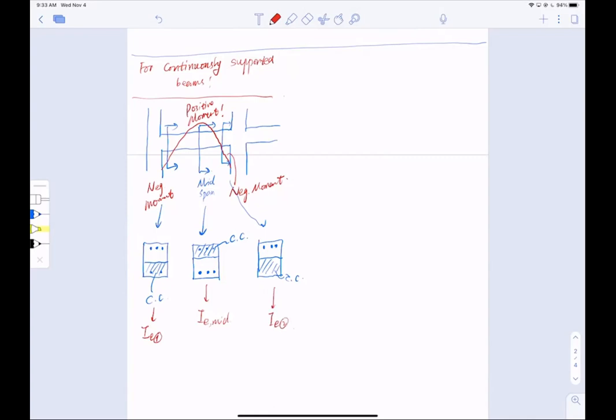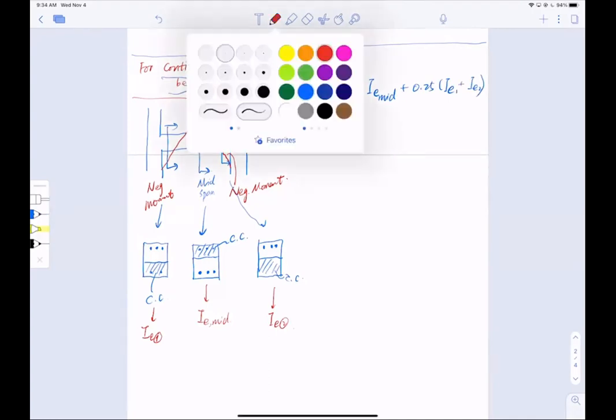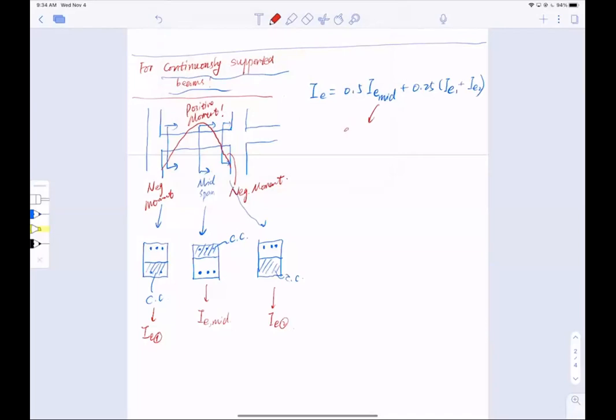So for continuously supported beams, I effective becomes 0.5 IE midspan plus 0.25 times IE1 plus IE2. Just to make it clear, this is the moment of inertia at midspan, and these are the moments of inertia at the two ends.